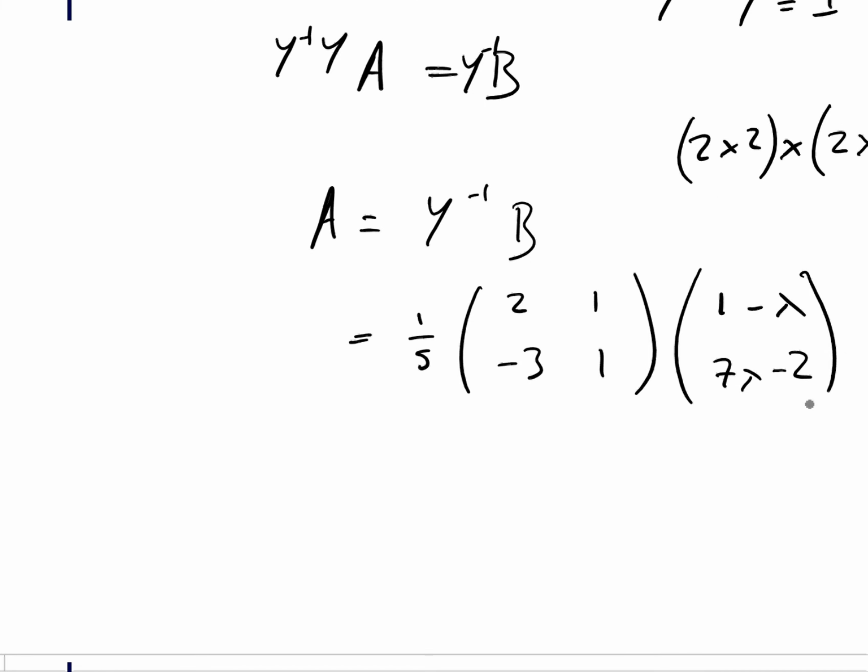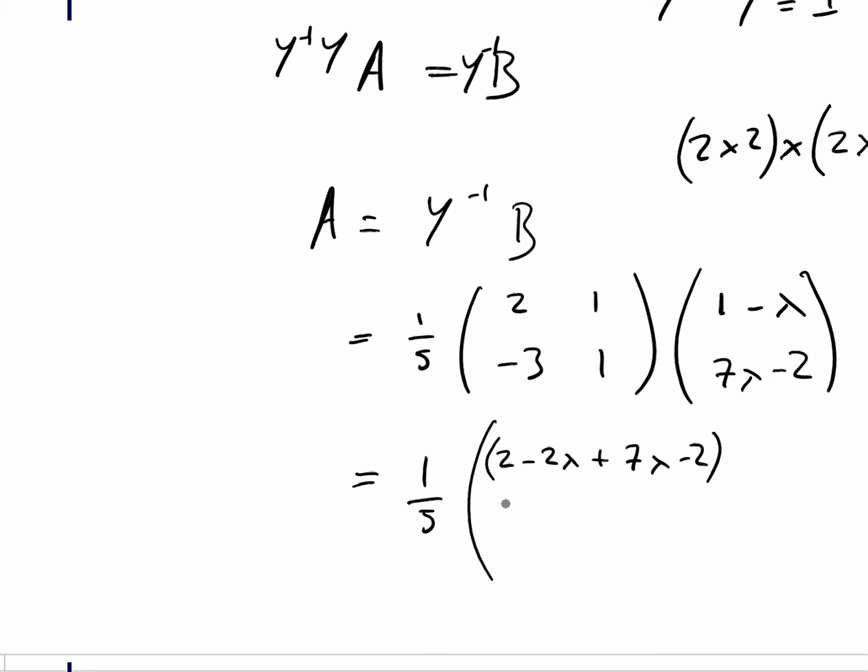Okay, so it's just a case now of multiplying this thing out. I'm actually going to distribute the 1/5 out. I don't have to, I could just multiply this matrix out. No, I'll tell you what, I'll leave it there. A bit of indecision, I'm sorry. So we're going to have 2 multiplied by 1 minus lambda, so we're going to end up with 2 minus 2 lambda, plus 1 times this thing, plus 7 lambda minus 2.